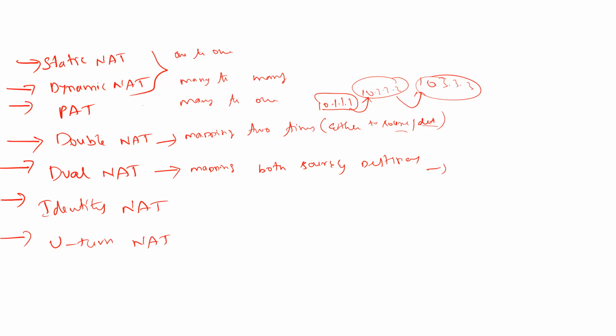And we have one more NAT called identity NAT. Identity NAT is nothing but mapping an IP address to its own IP address.